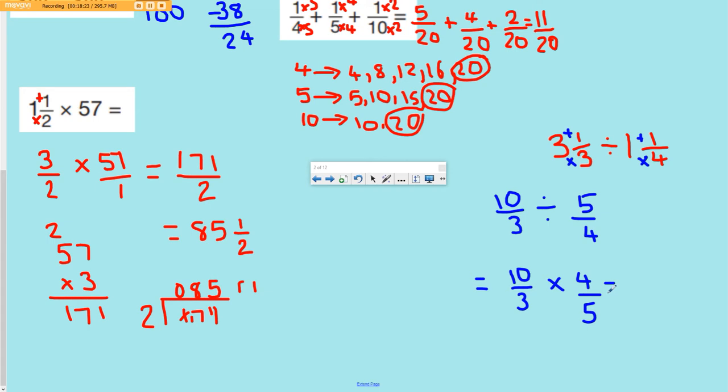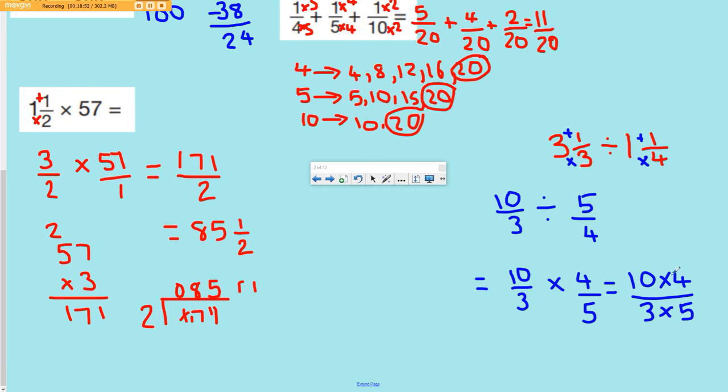Okay, so we're going to times the top, so we do 10 times 4 upon 3 times 5. Now sometimes guys, what I say to my students, because the numbers at the top can become so big, I said try and divide 5 into this is 1, 5 into this is 2.